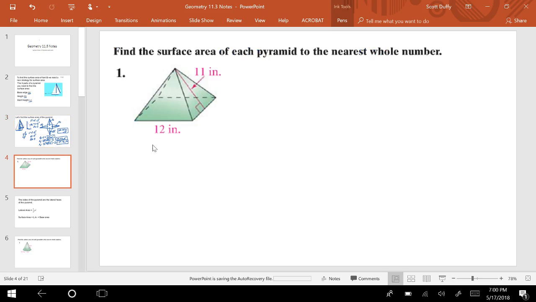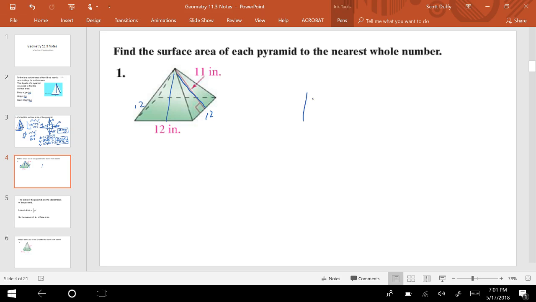But if all the sides on this base of the pyramid are 12, then all of the slant heights are going to be 11 inches also. All of those are 11.